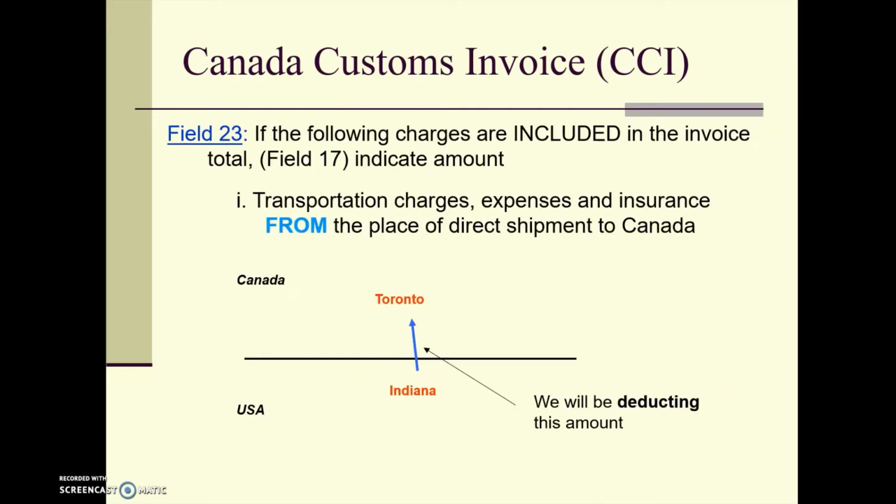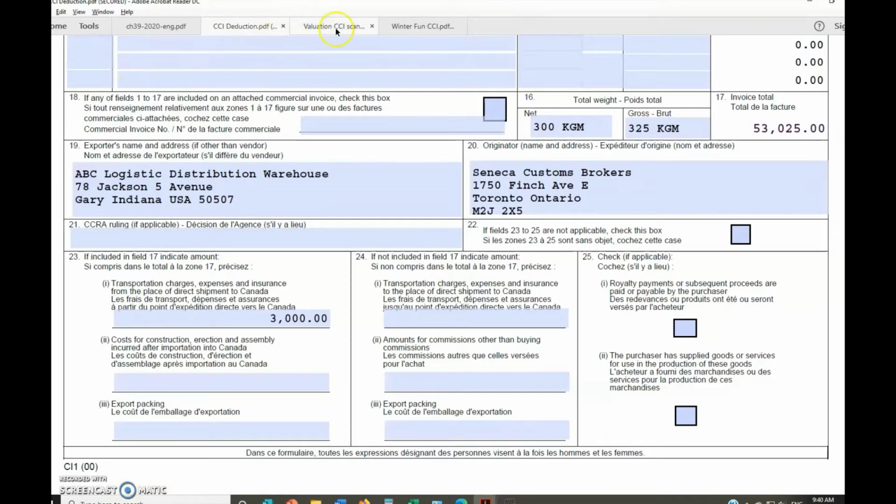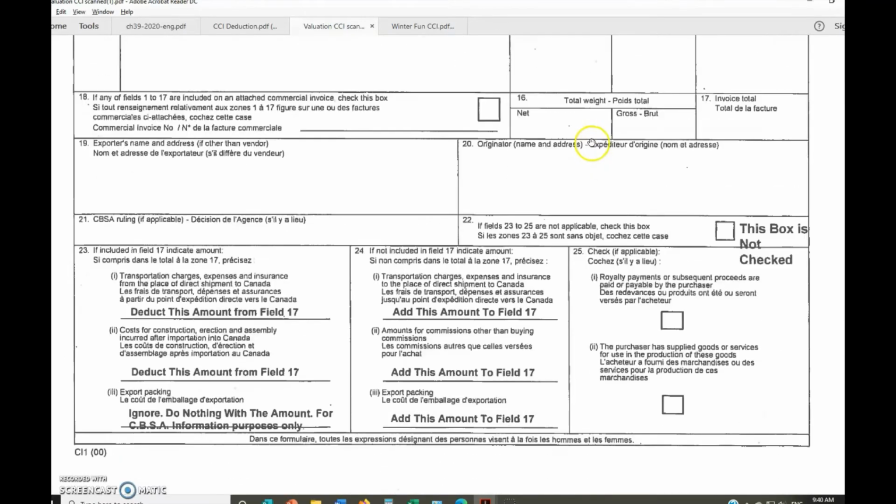So, in review, field 23I, international transportation charge, if it is included in the price, we can deduct it. Field 23II, installation costs, if it's included in field 17, we can deduct it. I've given you on Blackboard this particular Canada Customs invoice, which is blank.